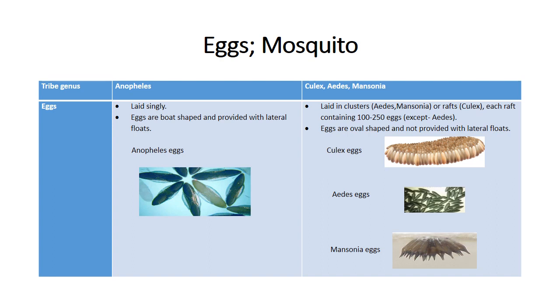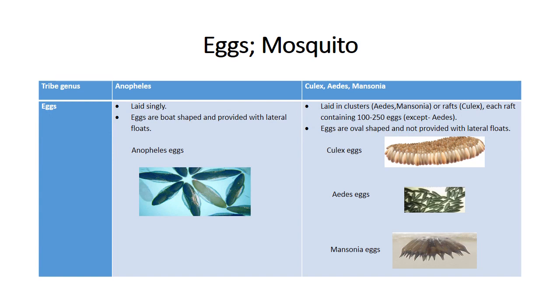You are required to identify in a breeding source of water where you can see different eggs belonging to Anopheles, Culex or Aedes.